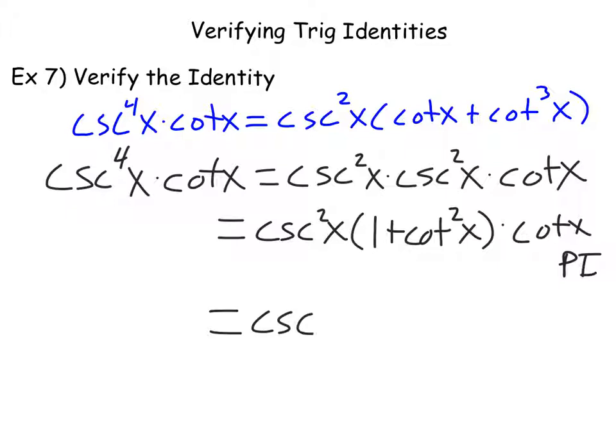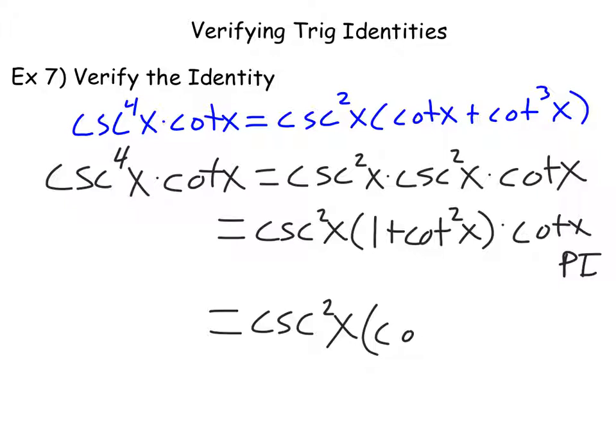Nothing I can really do with the cosecant squared out front. I can distribute the cotangent. And as I look up to the right side, remember that's kind of what I'm trying to get to. Once I had that cosecant squared out front, I don't really want to do anything with it because I just want it to stay there.